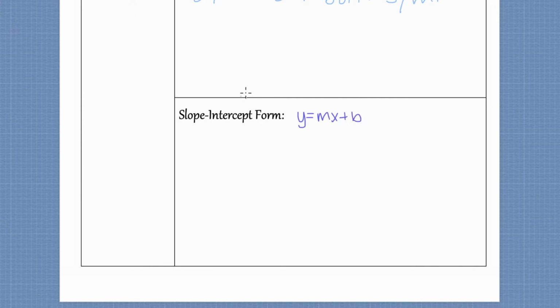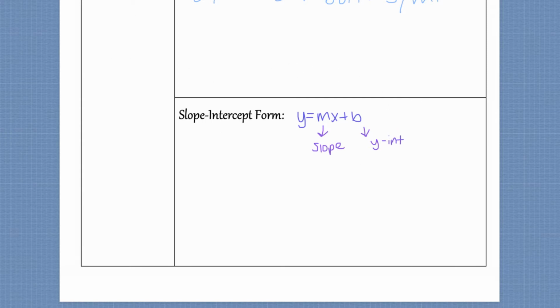This is the formula for slope-intercept form, where y is y, x is x, and the m over here is going to be the slope. And the b over here is going to be the y-intercept if it was graphed on a graph. So this is slope-intercept form.